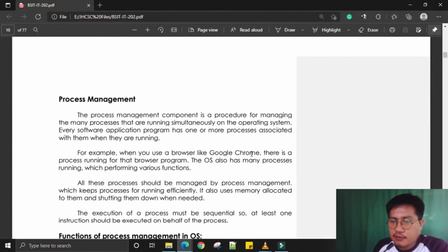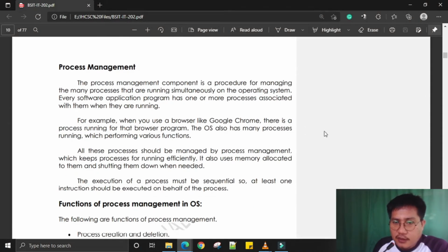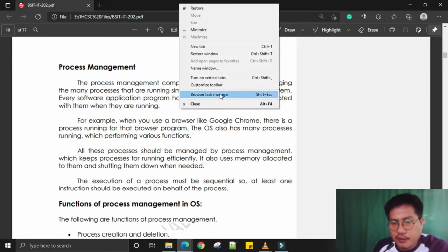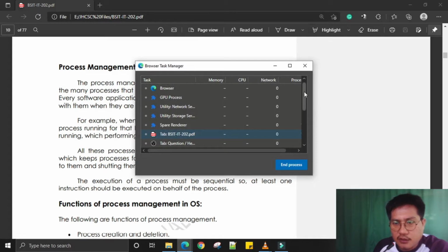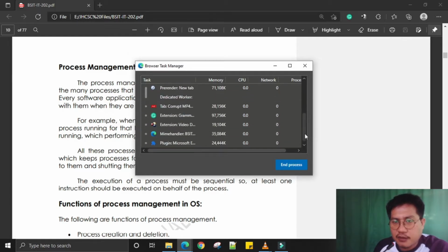Then for the process management, by definition, the process management component is a procedure for managing the many processes that are running simultaneously on an operating system. So every software application program has one or more processes associated with it when it is running. Say for example, in a browser, if we right click this browser and open the task manager, as you can see, there are different processes, sub-processes that are running inside the task manager of the browser.